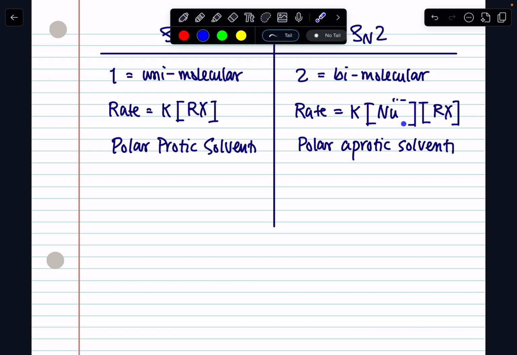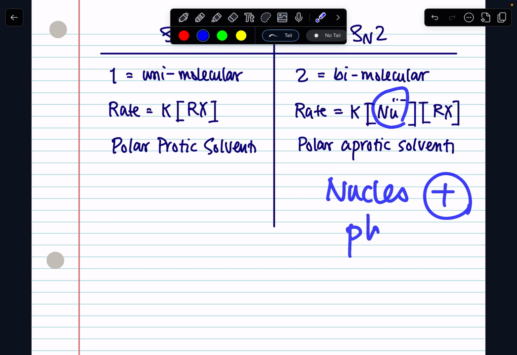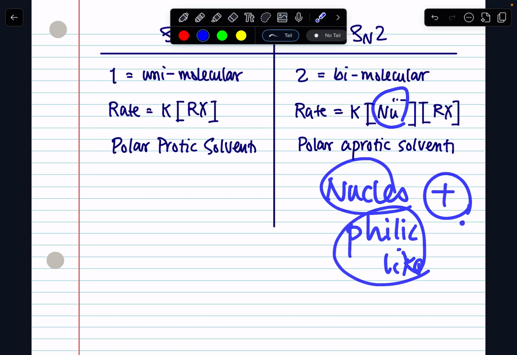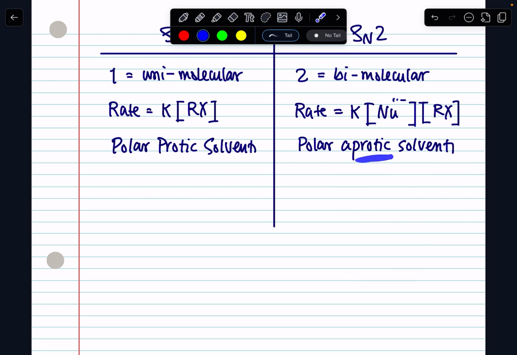The reason is that the nucleophile, remember nucleo means positive region because the nucleus is positively charged, right? Nucleophile comes from philia or philicity, which means you like. Phobia means you don't like something. So if you are nucleophilic, then you like positive centers. Protic comes from proton.